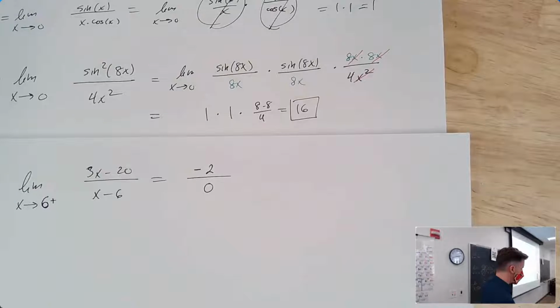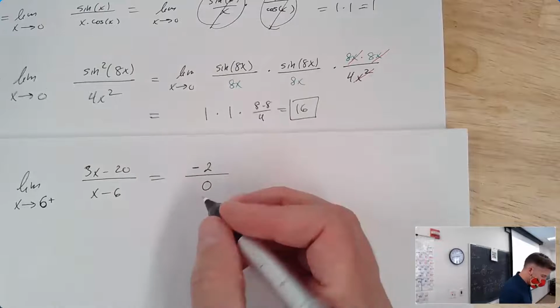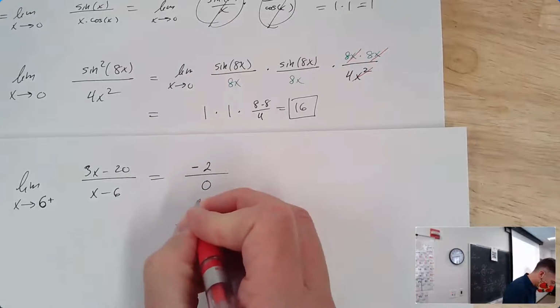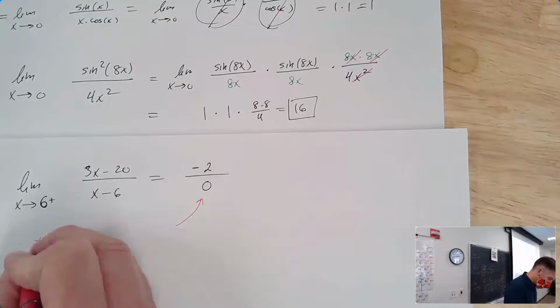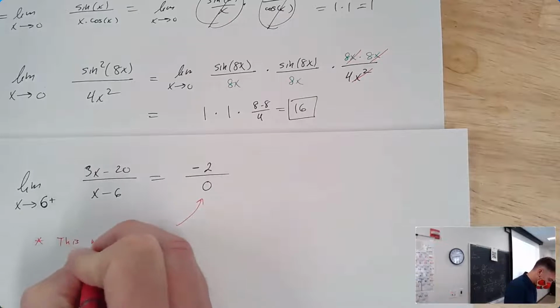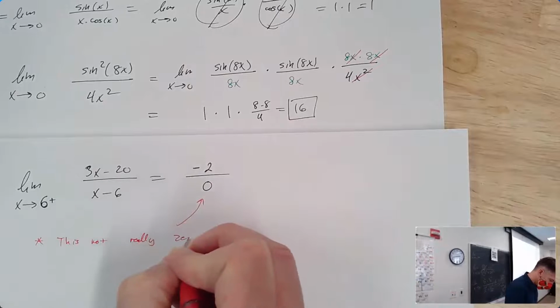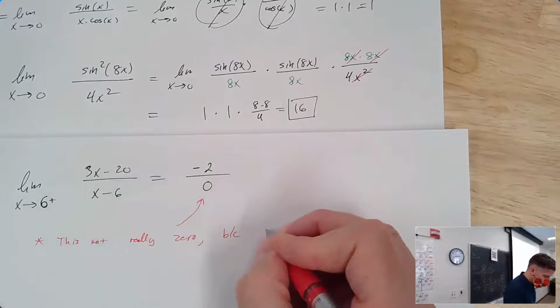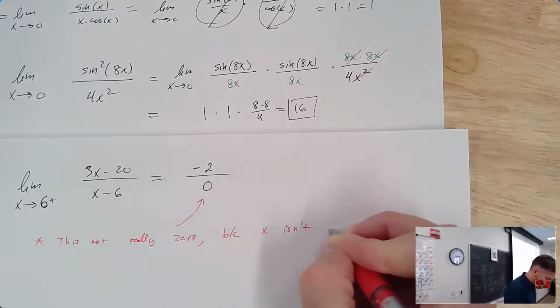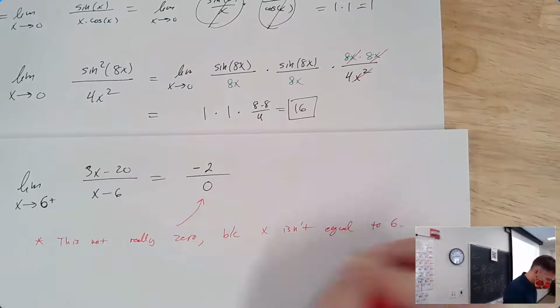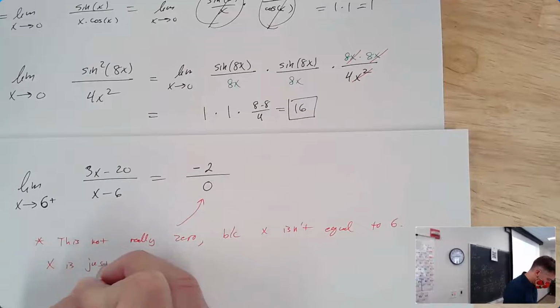I do want to kind of emphasize here, when I'm approaching 6 from the right, I'm not really picking a number that's like a little bit larger than 6, right? I'm not saying let's plug in 7. I'm really saying let's just plug in 6 and then think about where things are. And so what I want to mention here is that this number 0 here, this is not really 0. Because x isn't really equal to 6. x is just really close to 6.